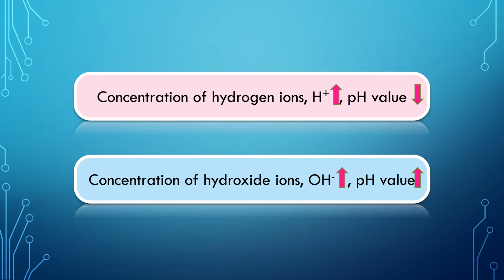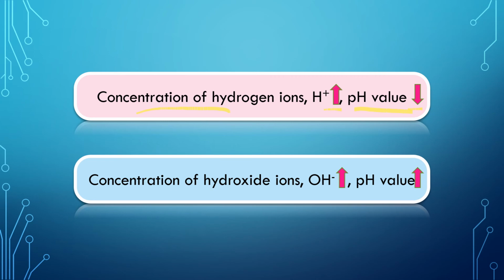When the concentration of acid increases, more acid molecules ionize to produce hydrogen ions. The higher the concentration of hydrogen ion, the lower the pH value. Acidity increases when the pH value of the acid solution decreases.